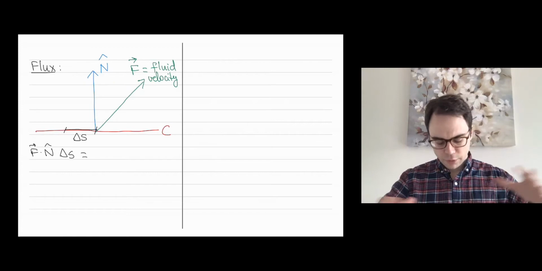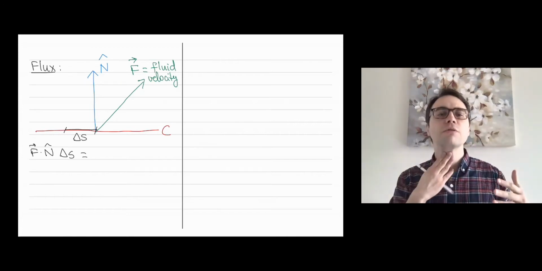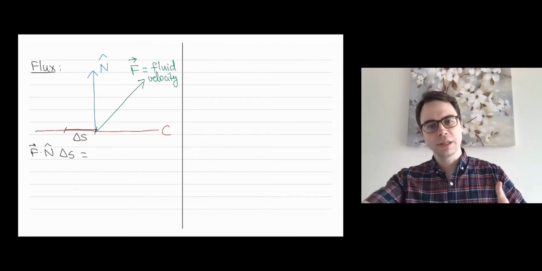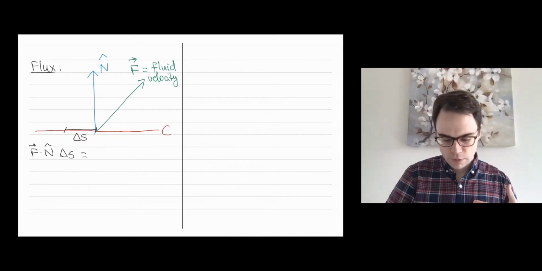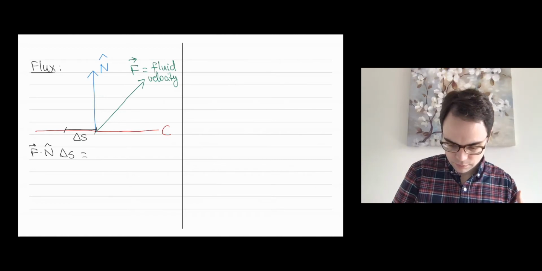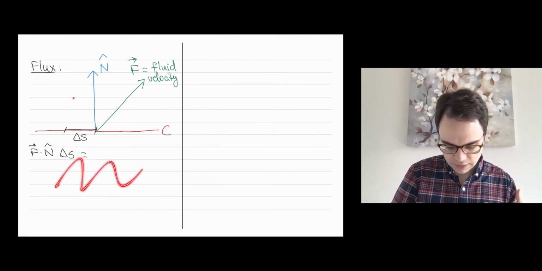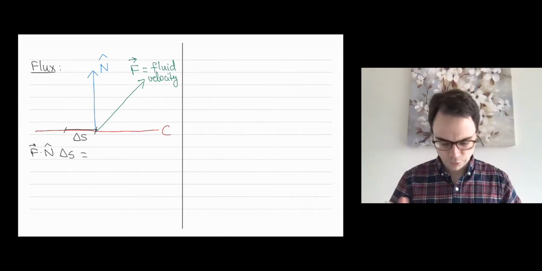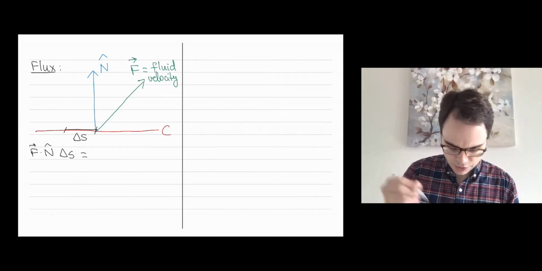So we have a 2D fluid, and there's this imaginary curve, and we want to know how much F is crossing that curve. Is it crossing from this side to that side, or the other way around, or is the fluid not really crossing the curve at this point? It's just tangent to the curve at the point.